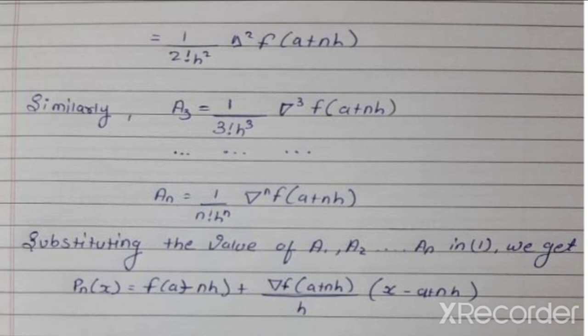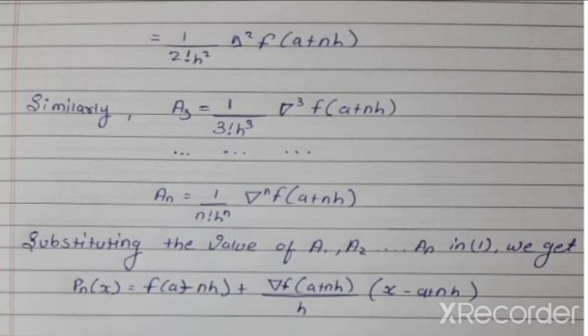delta f of x equals f of x minus f of x minus h. Also, f of a plus nh minus 2h equals a0 plus a1 times minus 2h plus a2 times minus 2h times minus h. So a2 equals f of a plus nh minus 2f of a plus nh minus h plus f of a plus nh minus 2h, upon 2h square, equals 1 by 2 factorial h square delta square f of a plus nh.